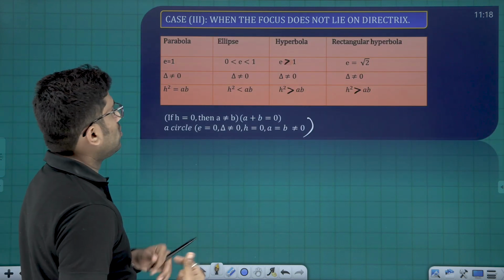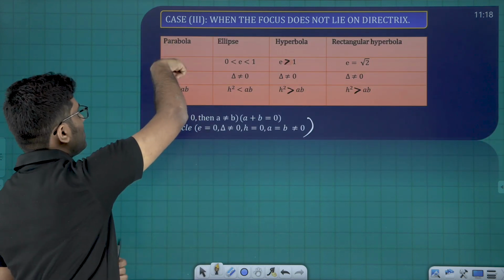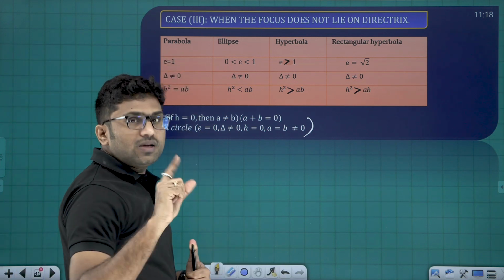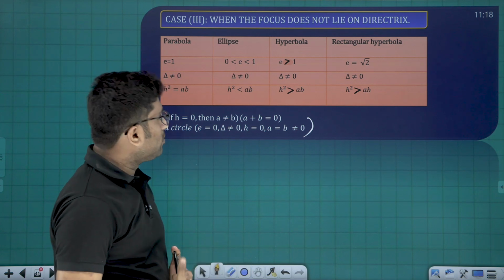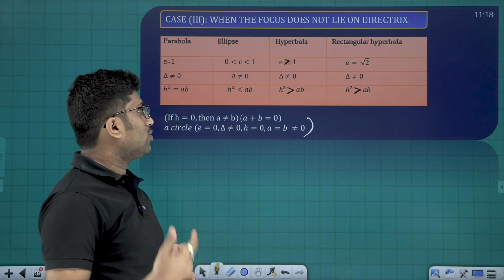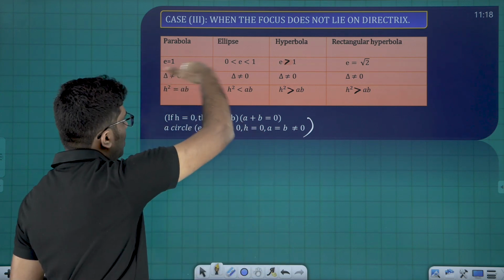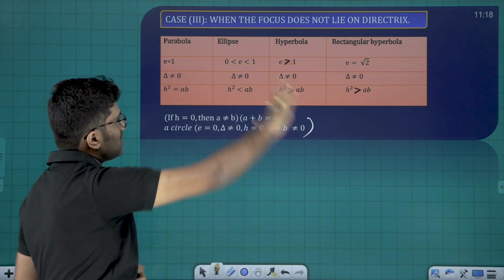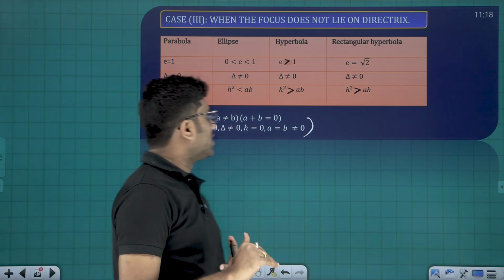Now, when the focus does not lie on the directrix: for a parabola, eccentricity 1, delta non-zero and h square equals ab. For an ellipse, e should be less than 1. For a hyperbola, e greater than 1. For a rectangular hyperbola, e will be root 2. For all of them, delta should be non-zero. Now, for a parabola h square equals ab, ellipse h square less than ab, hyperbola h square greater than ab.